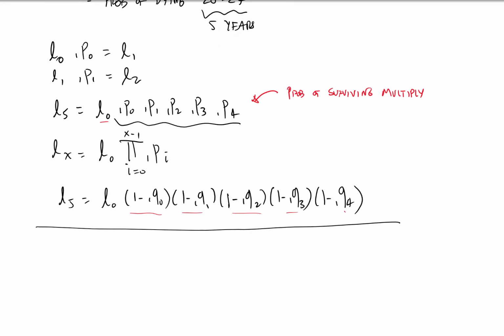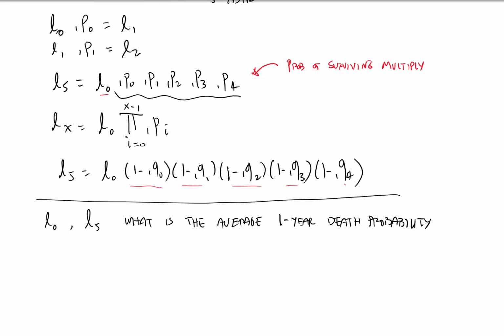Let's ask a question. In this case, over the age interval from 0 to 5, so we're looking at L0 and L5, what is the average death probability? Let's say the average 1 year death probability. Wait a second.